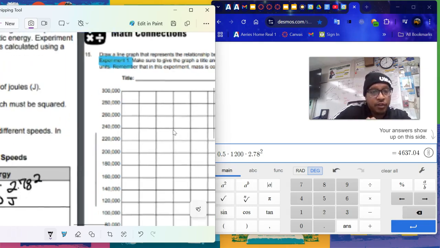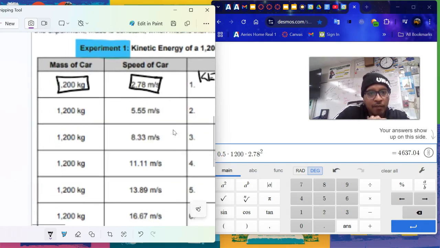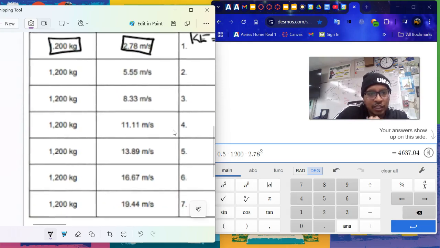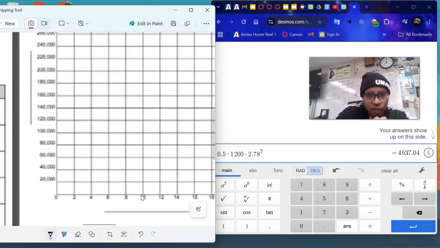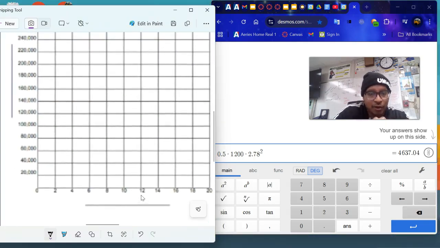Now, we haven't done all of them yet, but the speeds look much smaller because the speed is only between 3 and 19. So which graph part do you think is going to be on the X, or on the Y? And hopefully you're saying, oh, the first kinetic energy is already into the thousands, so that must be this one. So this over here must be the speed, so we'll put speed down there.